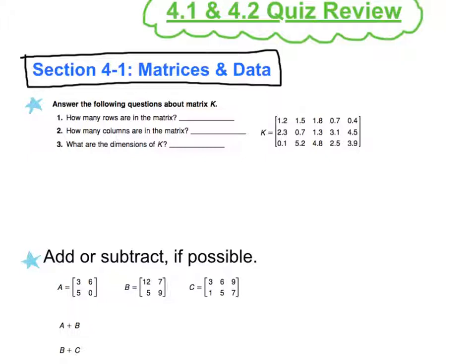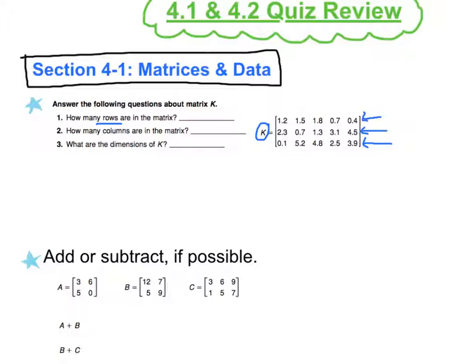Before we move on, we're going to talk about the properties, like how to describe your matrix. Number 1 says, how many rows are in the matrix K? So we're looking at this matrix K. Remember, rows stand for these horizontal entries.